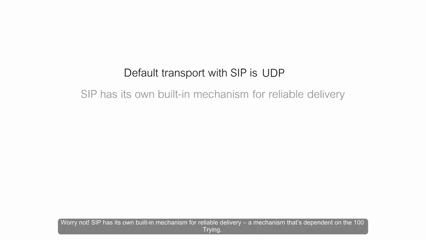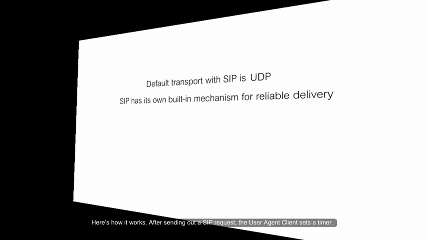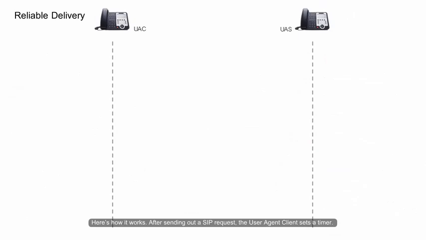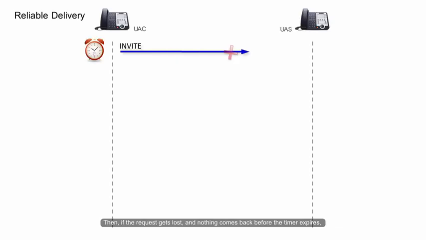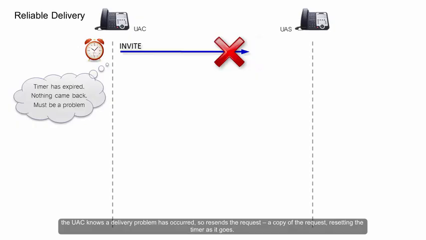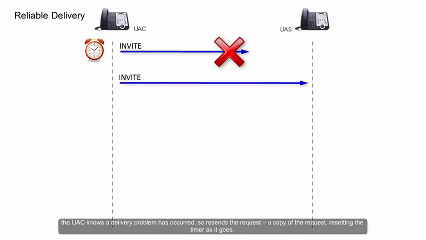Worry not. SIP has its own built-in mechanism for reliable delivery, a mechanism that's dependent on the 100 trying. Here's how it works. After sending out a SIP request, the user agent client, the UAC, sets a timer. Then, if the request gets lost and nothing comes back before the timer expires, the UAC knows a delivery problem has occurred, so resends the request, or a copy of the request, resetting the timer as it goes.